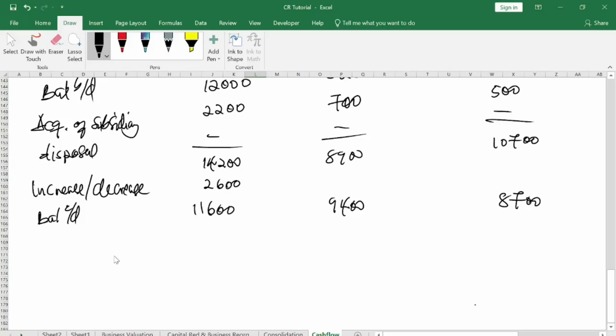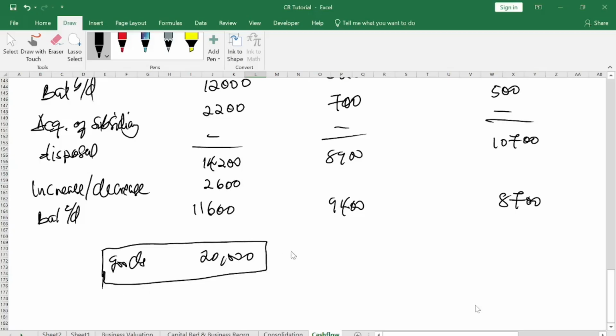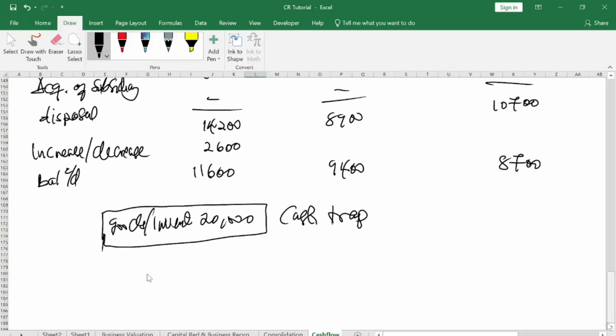Inventory is like the goods that you sell. If you have goods worth like 20,000, you have cash trapped in your inventory. Three months later, the inventory has reduced to 15,000.